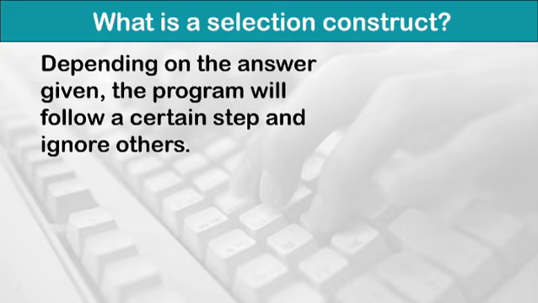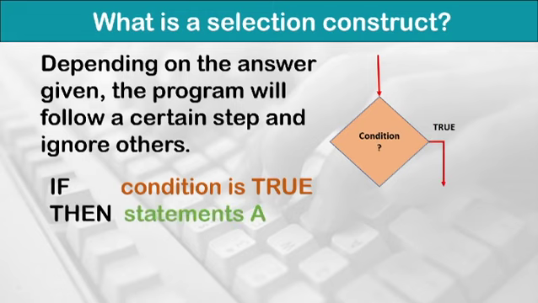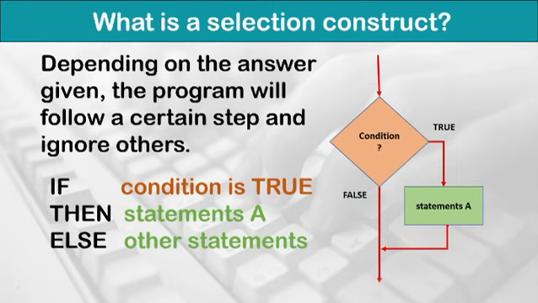Depending on the answer given, the program will follow a certain step and ignore others. If condition is true, then statements A. Else, if condition is false, other statements.